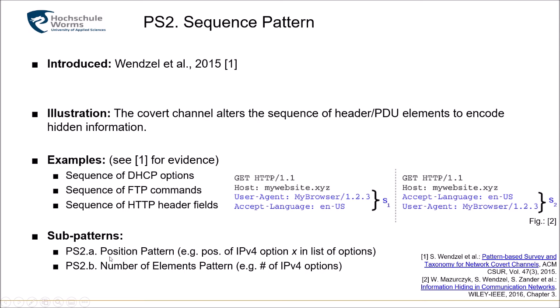There are some sub-patterns, namely the position pattern, where we indicate hidden information using the position of one element, for instance, one specific option in the list of options, or the number of elements. In other words, how many elements are added. So in HTTP, that could be how many header lines are present. And then we use the number of header lines to indicate the hidden message.